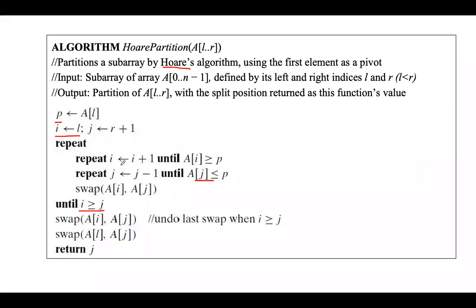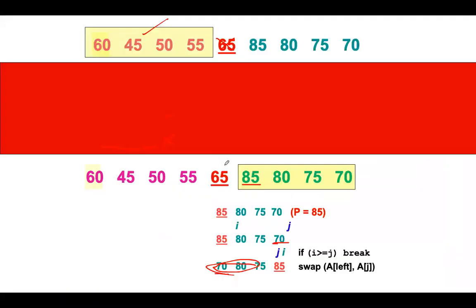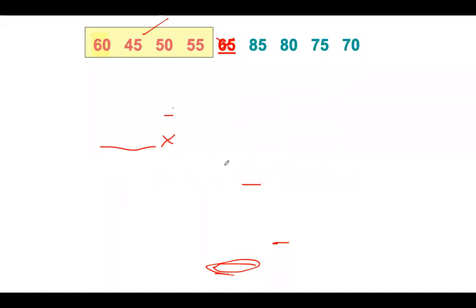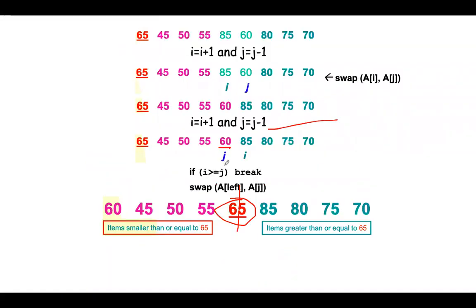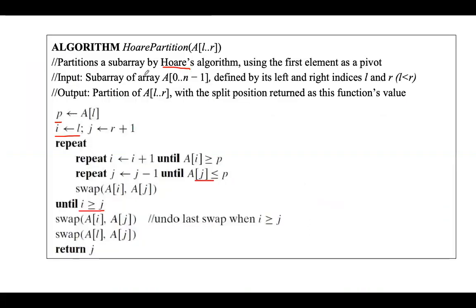Okay, repeat: increment the I value by 1 until A of I is greater than or equal to P. So that we have done here. You have to keep incrementing the I value until A of I is greater than or equal to the pivot element, 65.